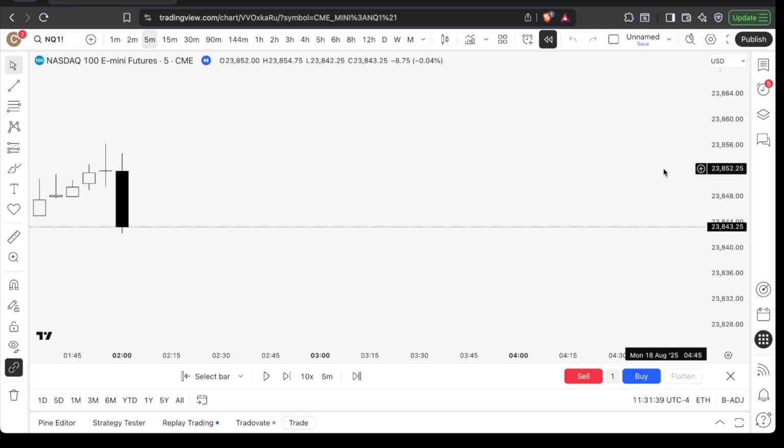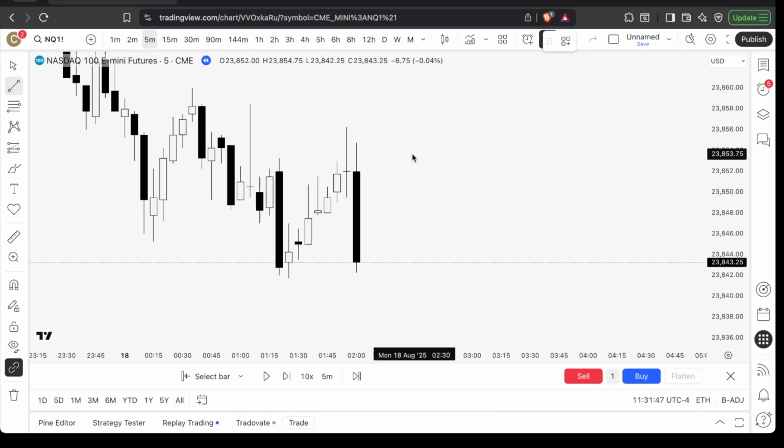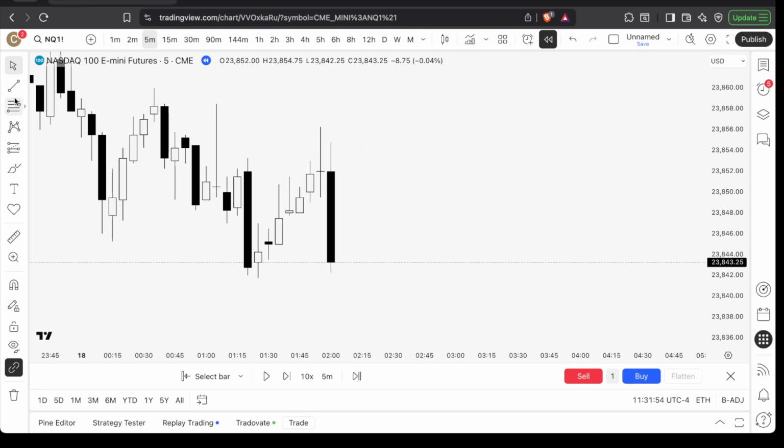So here I have an example. We can see the candle 1:55 a.m. What did the candle at 2 a.m. fail to do? Create a higher high. It failed to create a higher high, but in my eyes, it looks like it did create a higher high. So this is what happened for me.